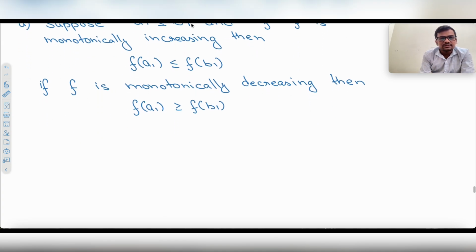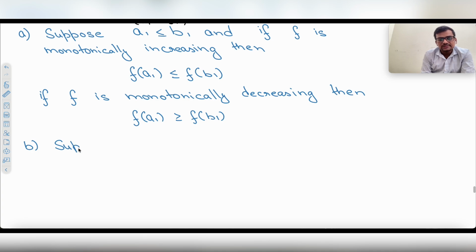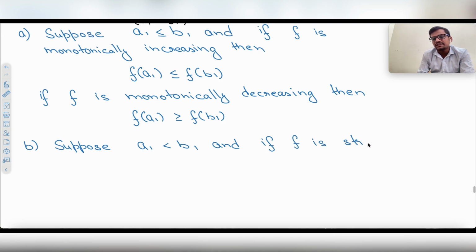But suppose a1 is strictly less than b1 and f is strictly monotonically increasing.